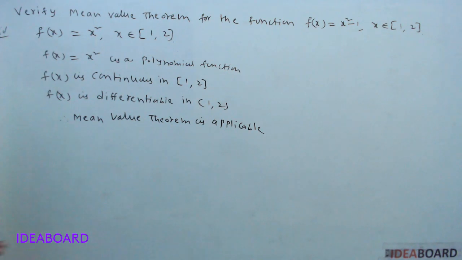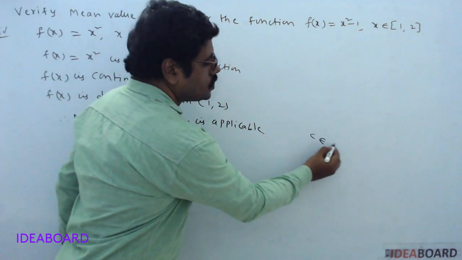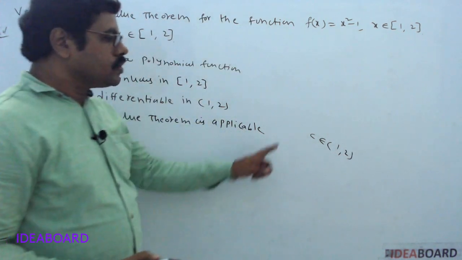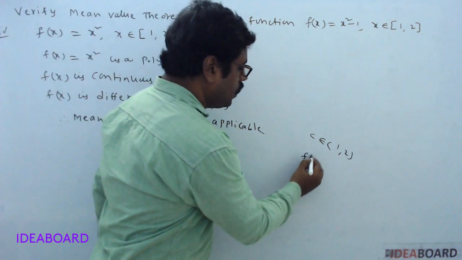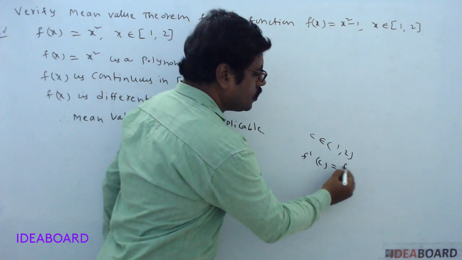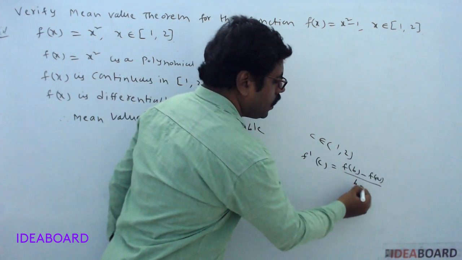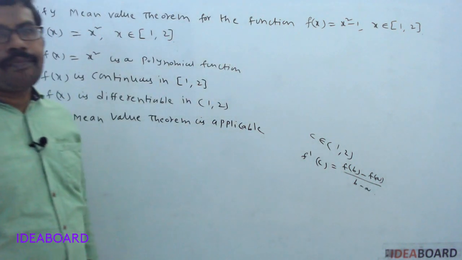Now we need a value of c belonging to the open interval 1 comma 2 which satisfies the condition f dash of c equals f of b minus f of a by b minus a.